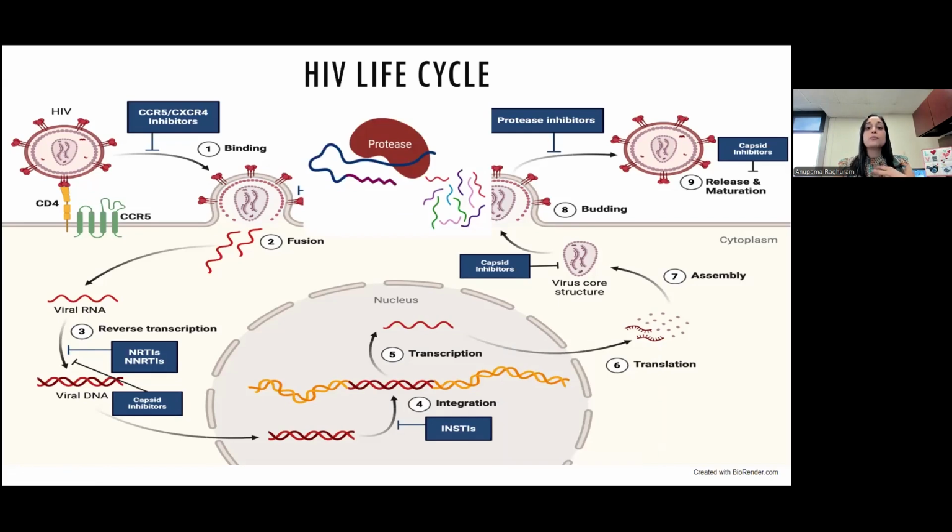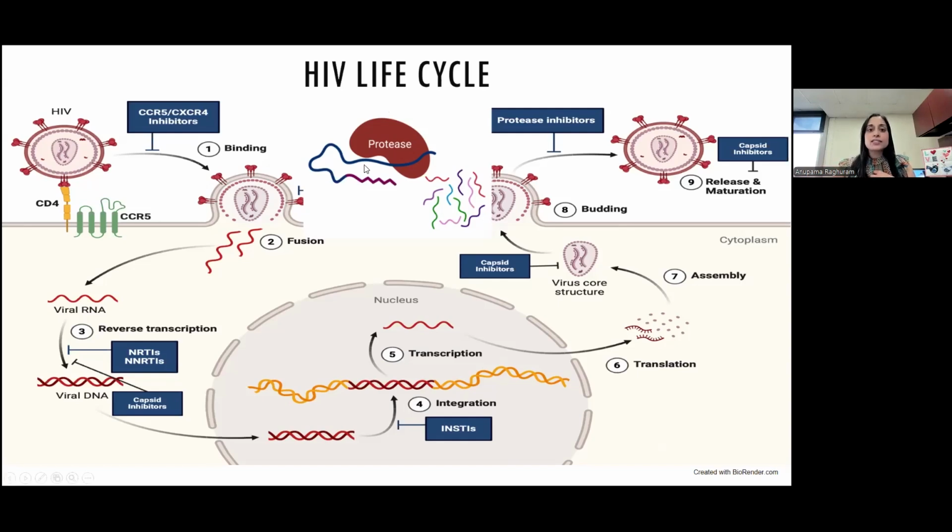Now let's look at the protease inhibitors and how they work. So in this whole process, when the little baby virus is starting to be assembled, what happens is these proteins here that you see are actually very long strands or chains of proteins. So if they stay that way in these long strands, they will not be able to be packaged appropriately into the new baby virus that's coming out.